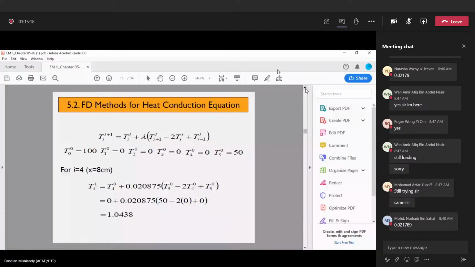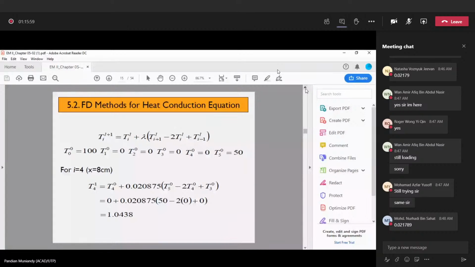So T subscript 4, T superscript L1, I is 4, plus lambda 0.020875 in the bracket T superscript L1, I is 4, 4 plus 1, 5, minus T superscript L1, I is 4, plus T superscript 1, I is 4, so 4 minus 1, 3.